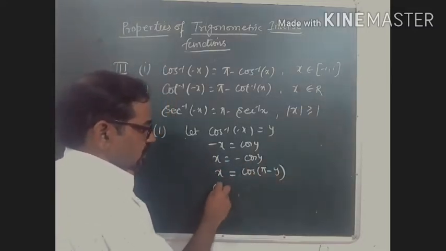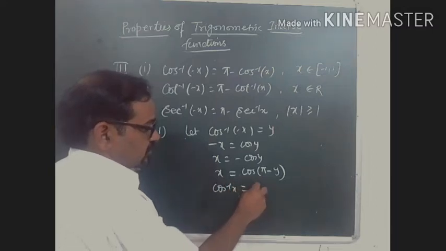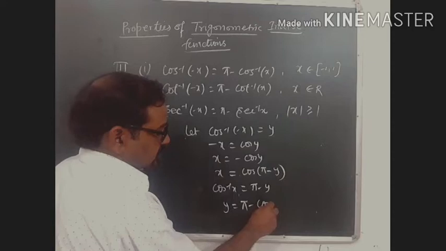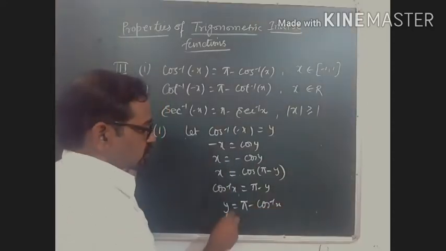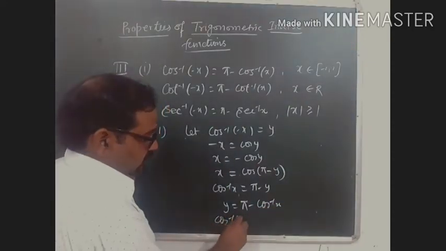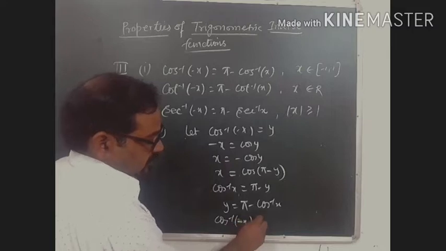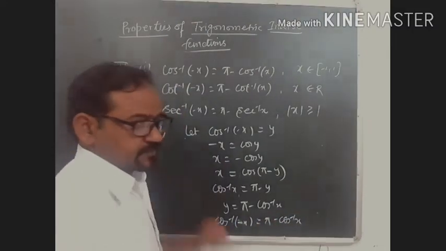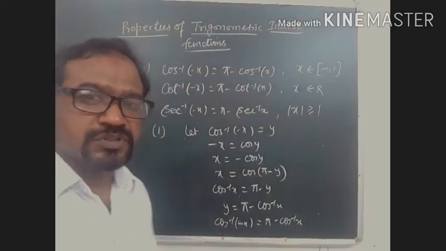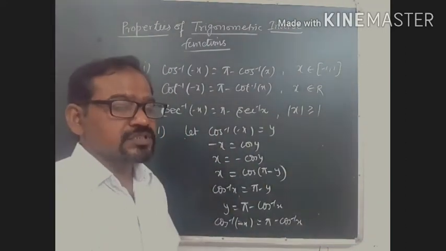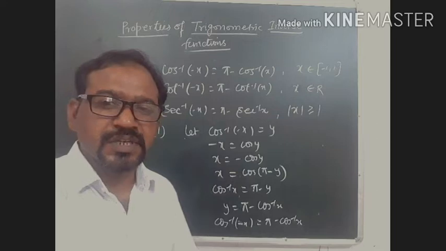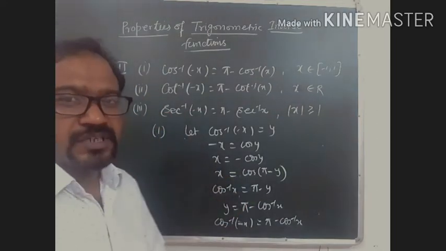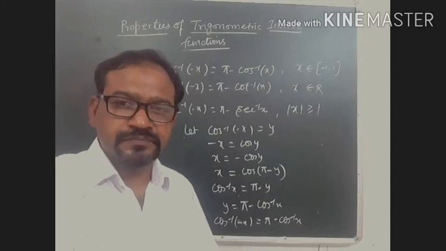Then cos inverse x equals pi minus y, then y equals pi minus cos inverse x, and y is cos inverse minus x. Therefore cos inverse minus x equals pi minus cos inverse x, where x belongs to minus 1 to 1, which is the domain of cos inverse. So similarly we can prove the second or third part, cot inverse and sec inverse.